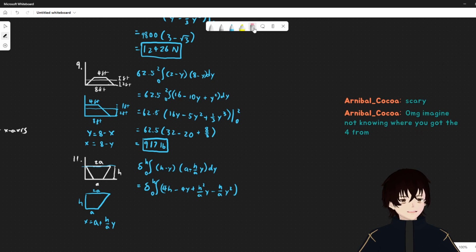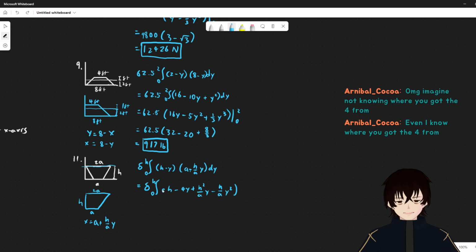This is A. I think I was thinking of the previous question where we had a 4, and that just carried over. Minus 4Y. I got 4 from the depths of hell. But now what am I doing? Is anything else wrong?